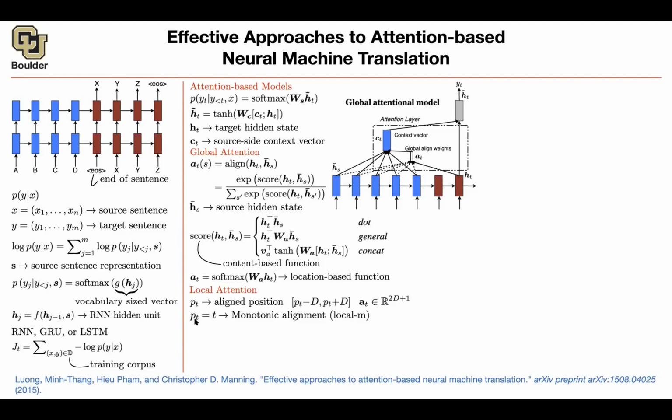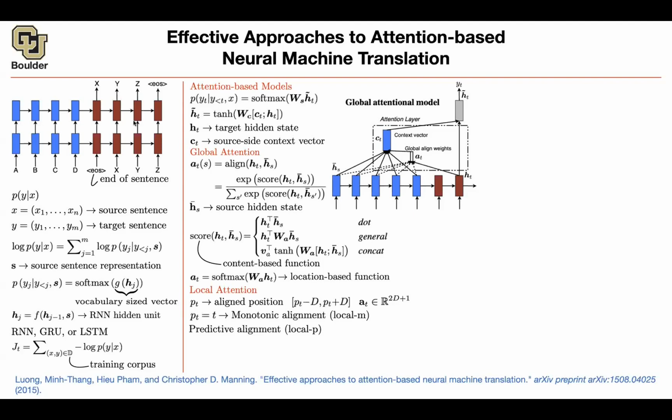One model is that PT is equal to T. Just set it to be T. If you're translating the 4th word in your target sentence, just go in your source sentence, look at the 4th word, and then create an interval around it. That's one model. This is called local M. Another model is that you can have this PT to be a learnable function.